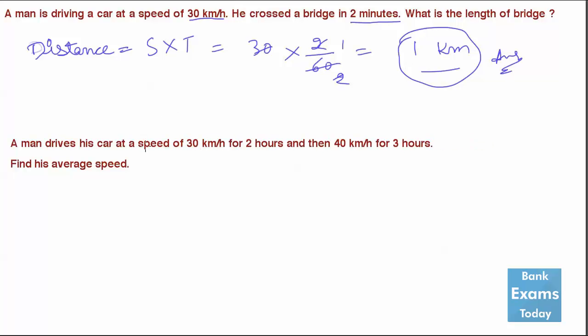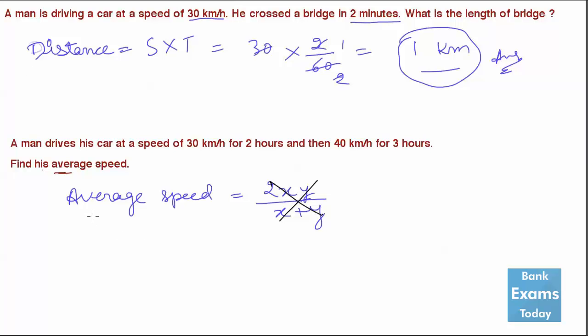A man drives his car at a speed of 30 kilometers per hour for 2 hours and then 40 kilometers per hour for 3 hours. Find his average speed. What people will do here is apply the simple formula to find the average speed, that is 2xy over x plus y. This formula is not applicable in this case.